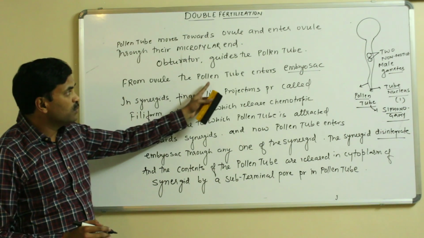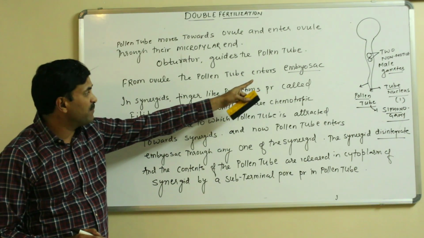From the ovule, the pollen tube enters the embryo sac.